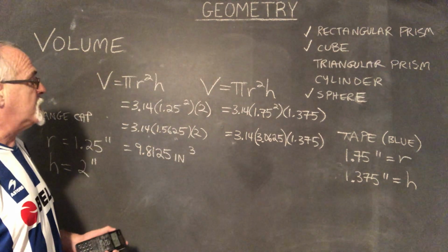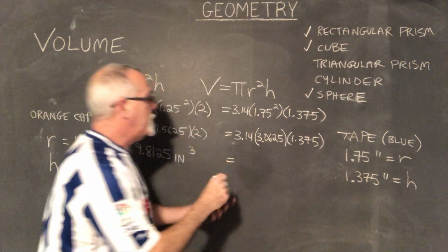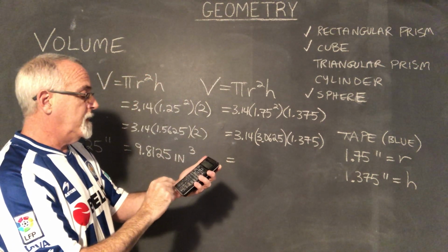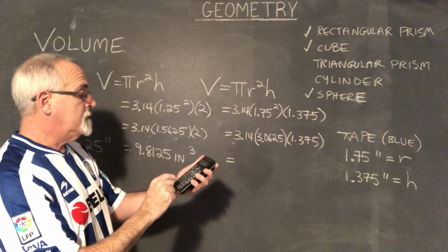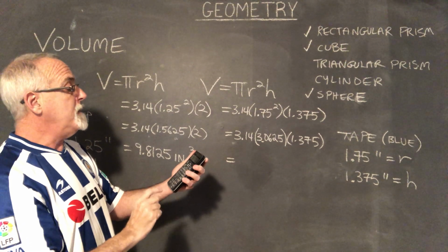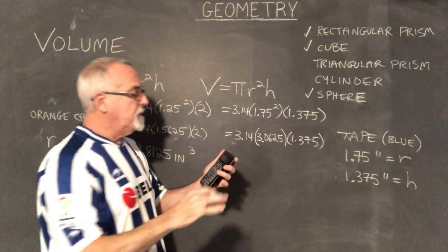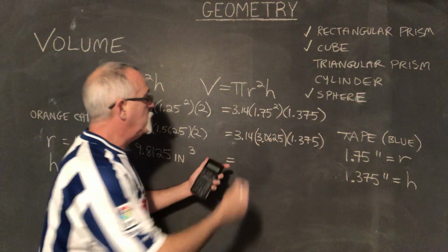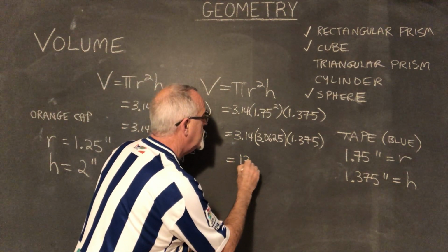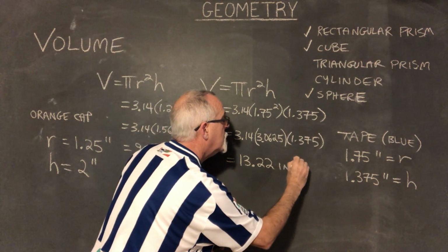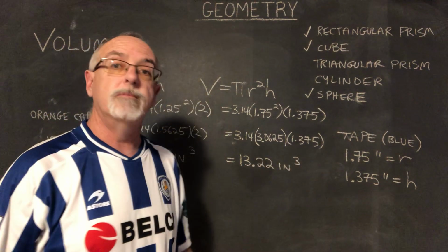Remember, volume, it's cubed. 3.14 times 3.0625 times 1.375. 13.2222, well, it's 13.222 and then some other stuff. I'm just going to write 13.22. 13.22 inches cubed.